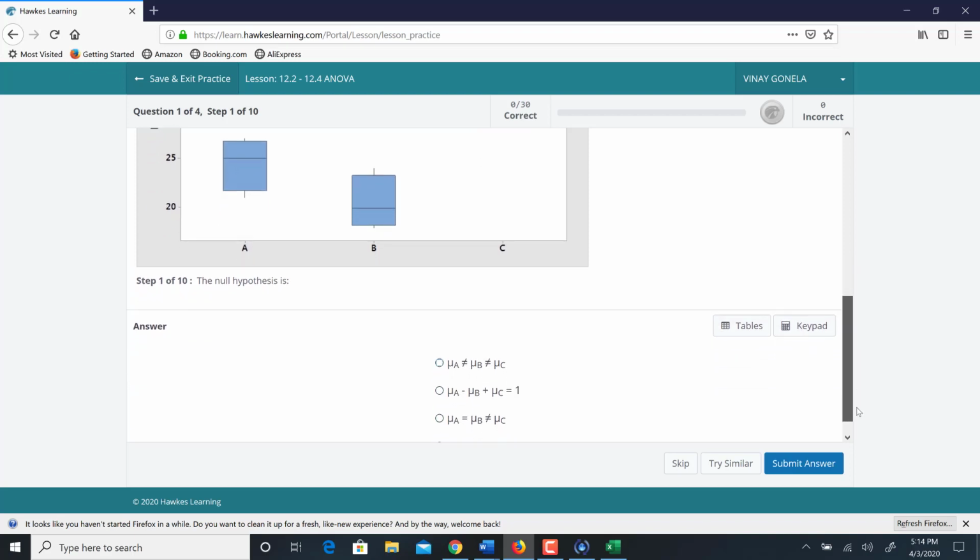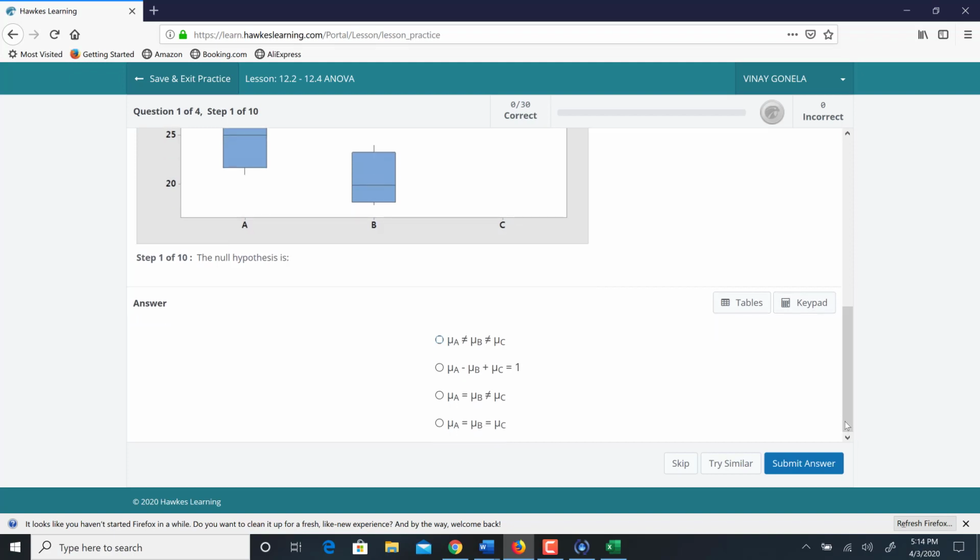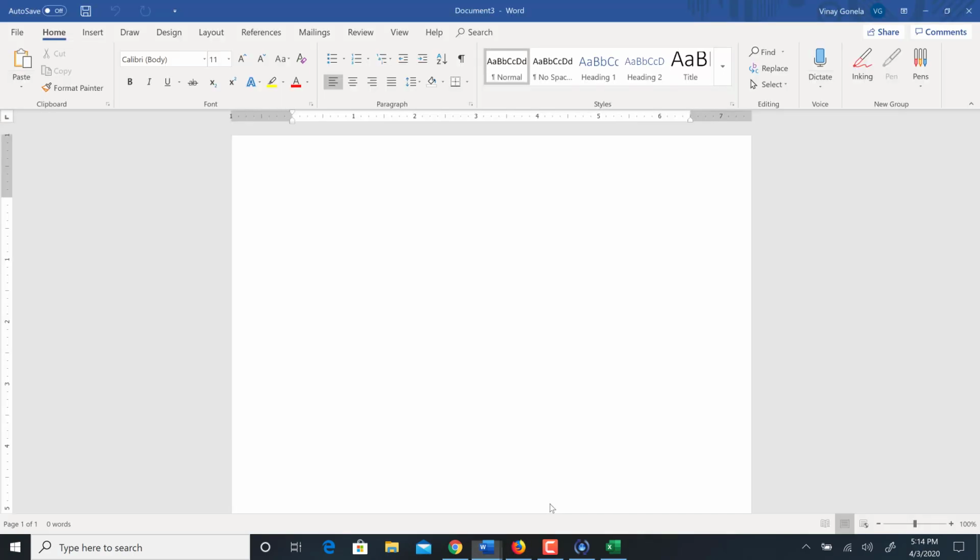When you are comparing 3 samples, the question says you have mu A, mu B, mu C. So you have 3 treatments, so K is 3. A, B, C are the treatments. So your null hypothesis should be mu A is equal to mu B is equal to mu C.